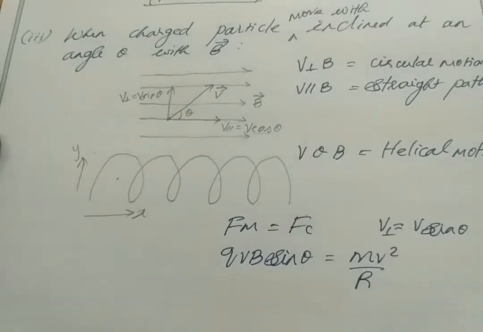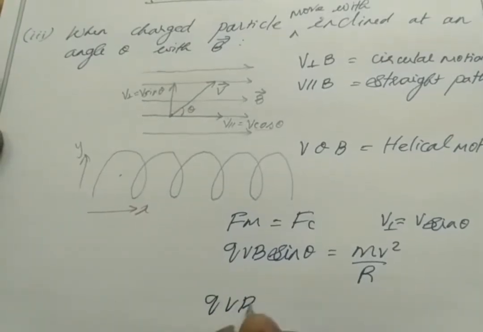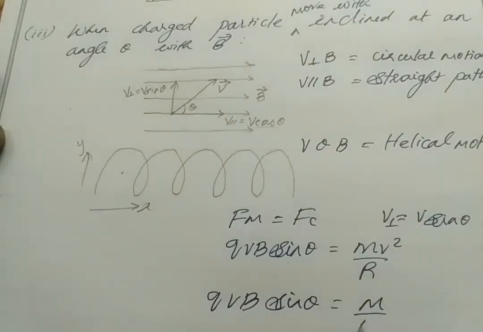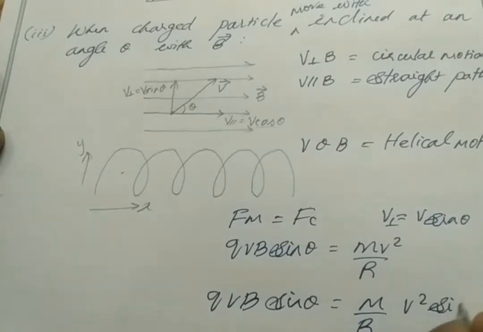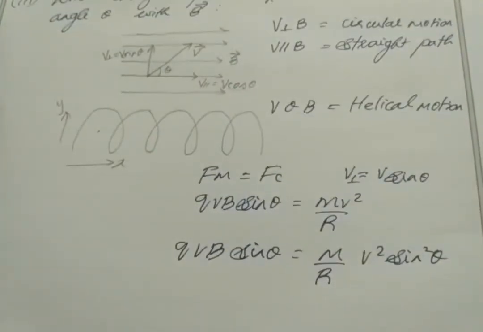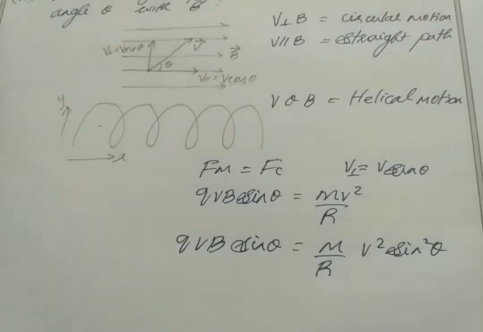Okay, so if I take v sin theta here, then I have qvB sin theta equal to m by r v square. So v square sin square theta, right? Here one v gets cancelled, one sin theta gets cancelled.